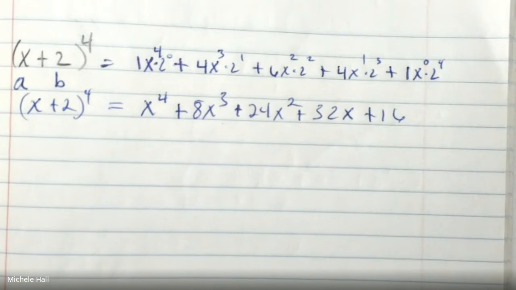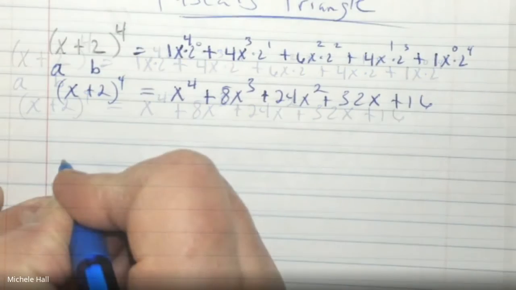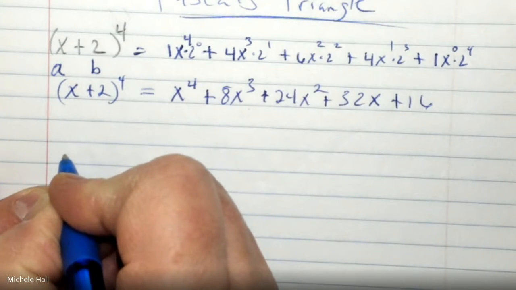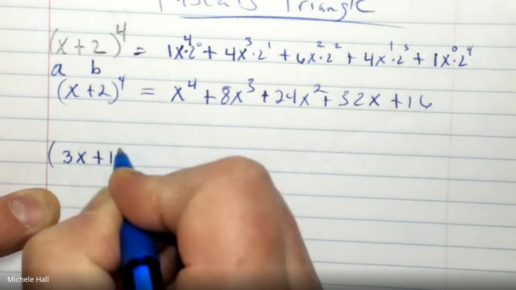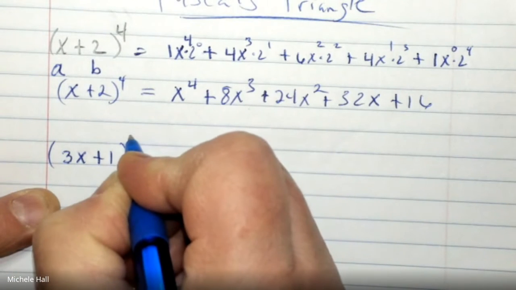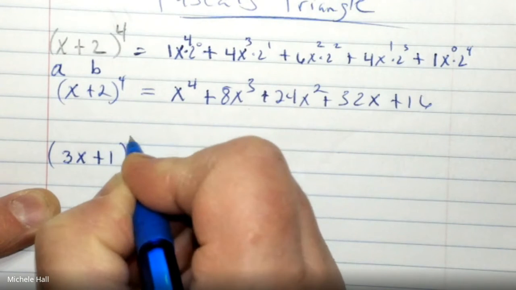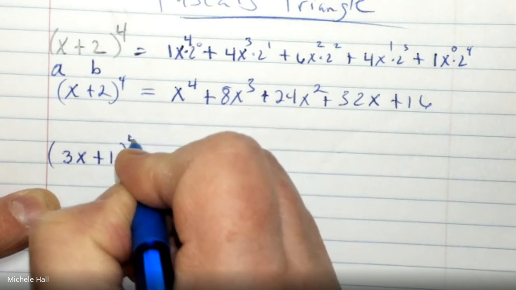We'll try one more. Let's try 3x plus 1. And we don't have much time, otherwise I'd be going a lot higher. Let's do 4 again.